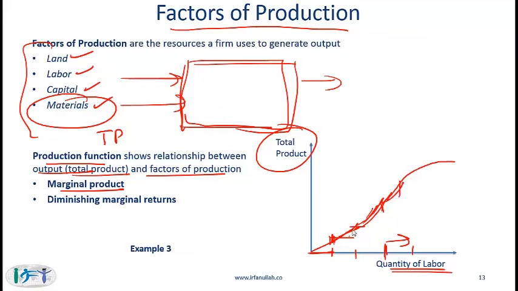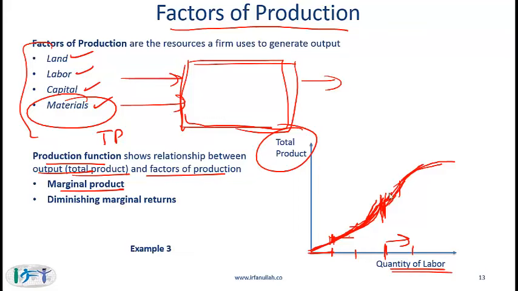What I mean by that is, up to this point, adding more labor increases output, and it increases output at an increasing rate. Notice that this curve is going up, the slope is increasing. But then after this point, the output is going up, but at a lower rate. Here we are at diminishing marginal returns.